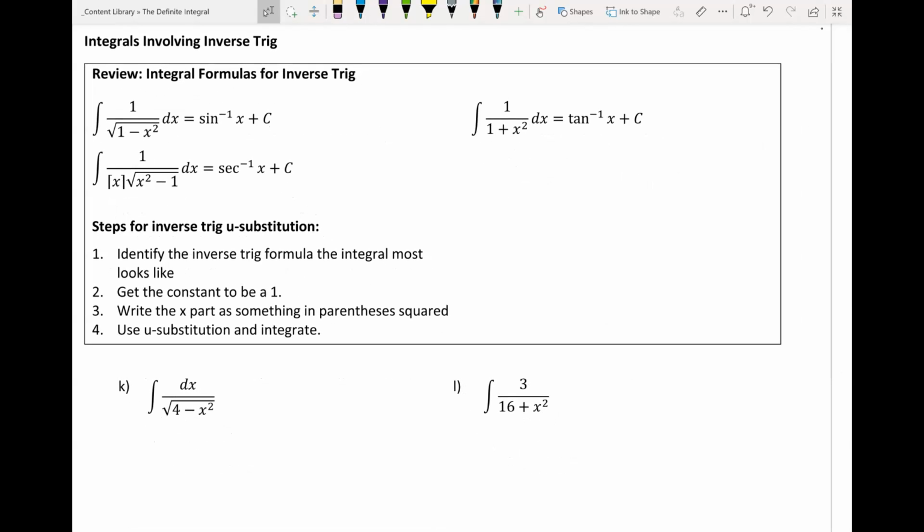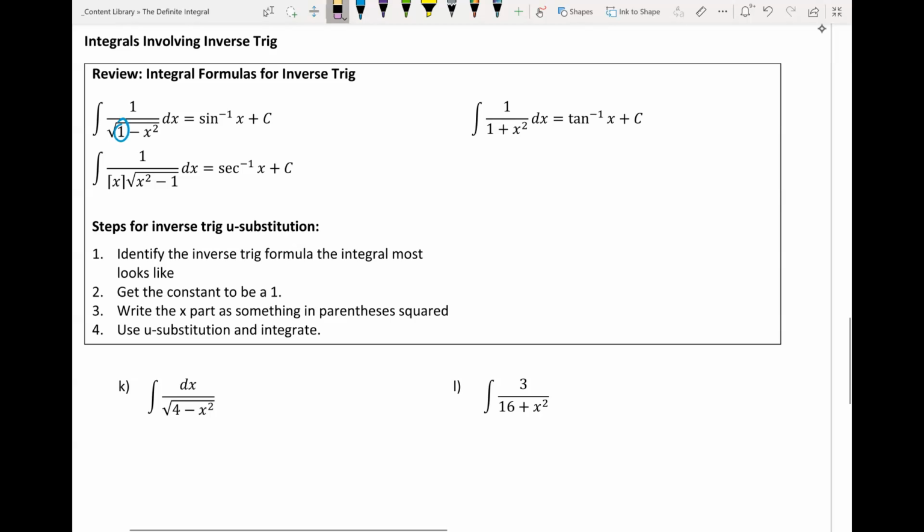This is our last method, and it is a bit tricky using inverse trig, but it's very useful as well. Here are the following steps for your inverse trig U-sub. You're going to identify the inverse trig formula that the integral most looks like. Then you want to get the constant to be 1. So that's usually this number here.